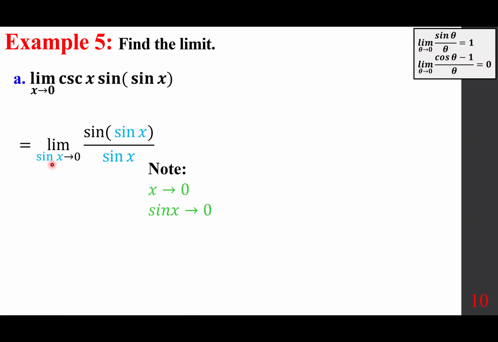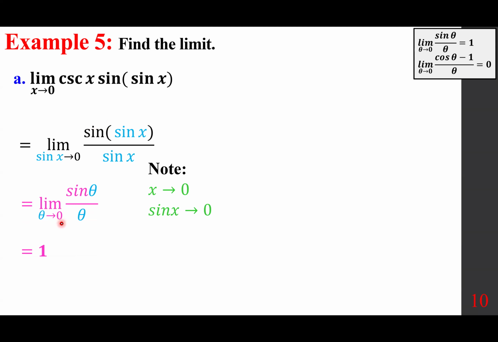Because we need to make sure that the following are identical. This part you can't change. This is the argument of sine. You have to make sure the denominator and this one are the same. So if you let sine x be theta, then the limit of sine theta over theta as theta approaches 0 is given, and you know it's equal to 1.